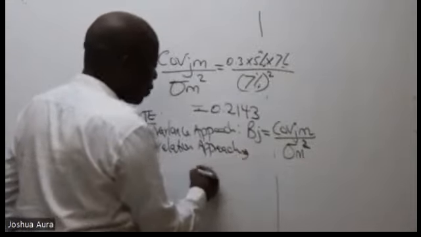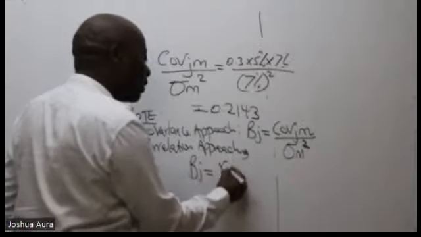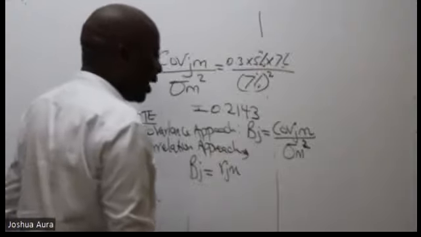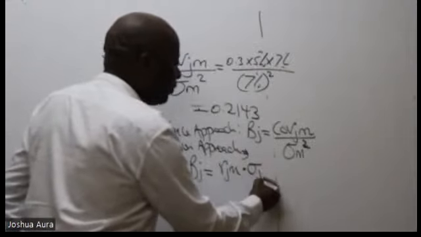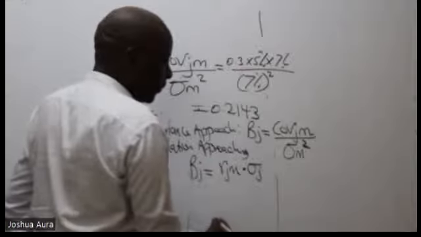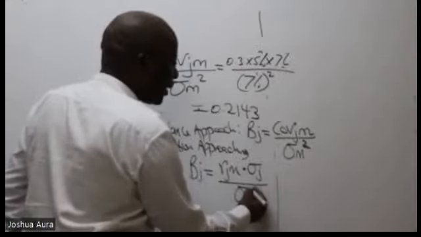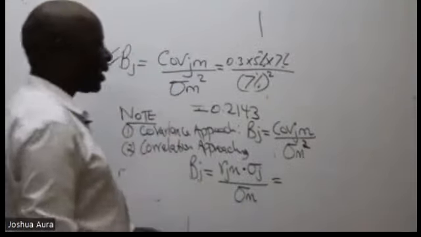So the correlation approach, my beta J will be equal to the correlation between J and M multiplied by the standard deviation of J, the security, all over the standard deviation of the market.